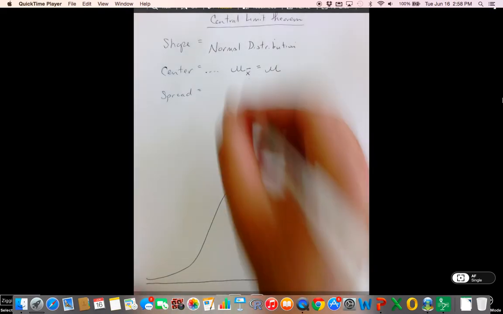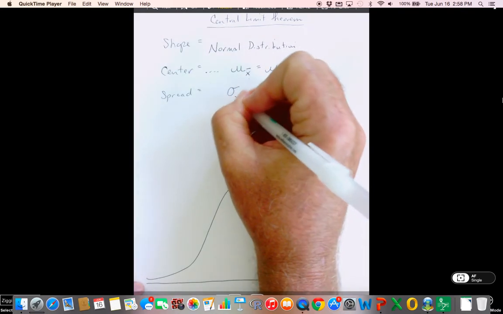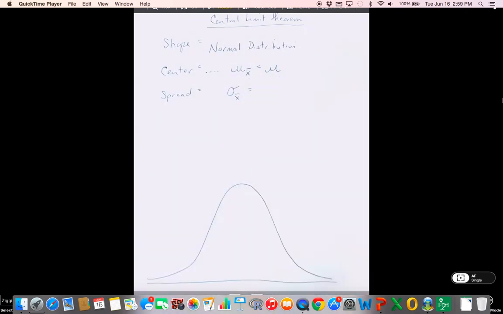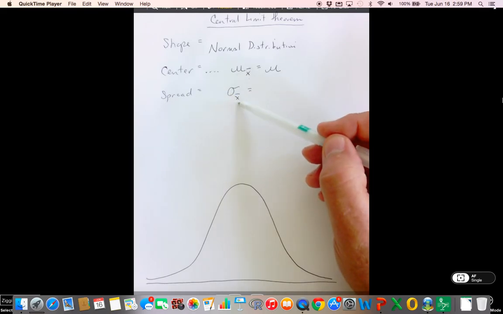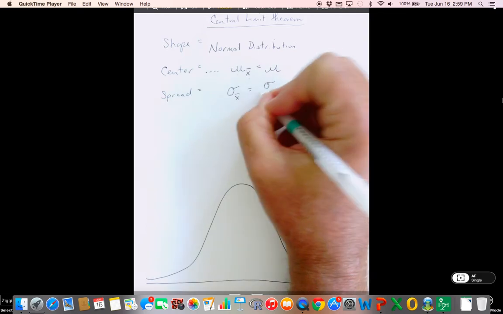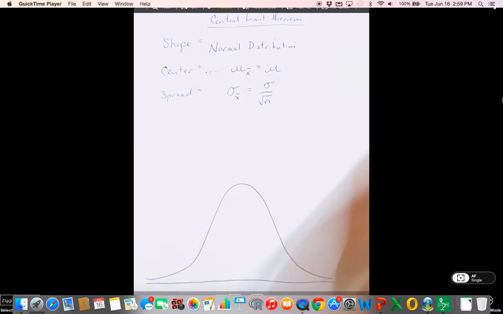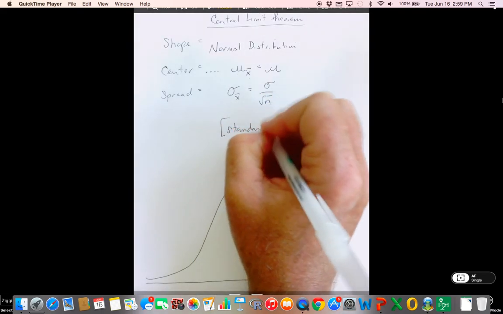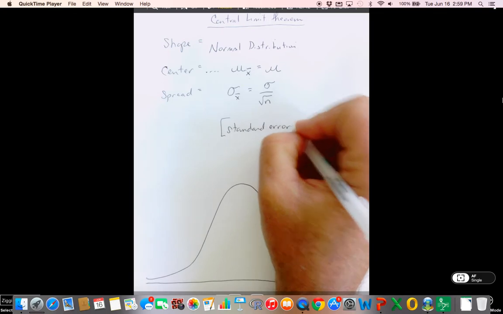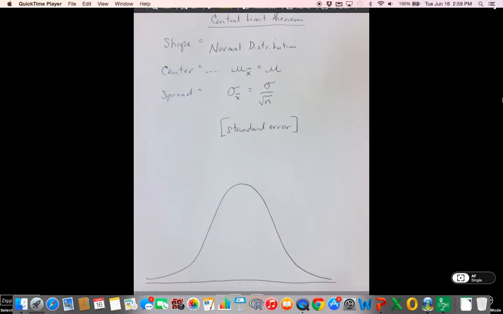The spread, it turns out to be, is denoted as sigma sub x bar, because we not only want the standard deviation, we want the standard deviation of the sampling distribution, of the sample means. Guys, this is found by taking sigma divided by the square root of n. Now this thing is often referred to as the standard error.